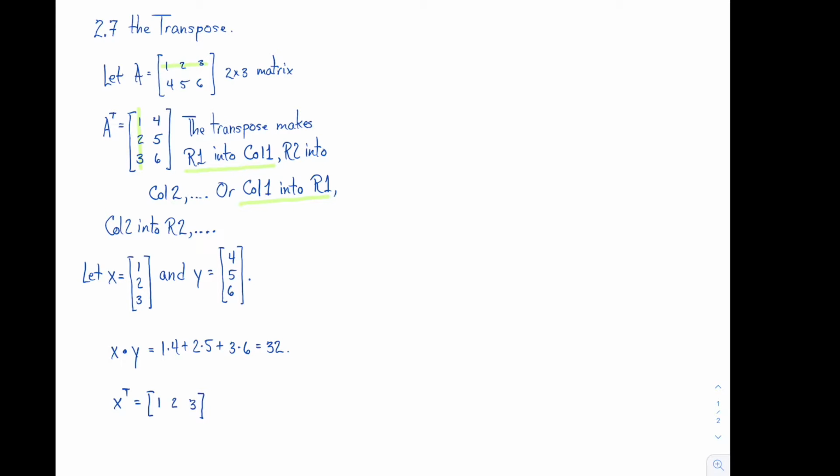Well, let's see now if we can do anything with these. But first, let's remember this. Notice that X transpose is a 1 by 3 matrix or vector. And Y is still a 3 by 1.